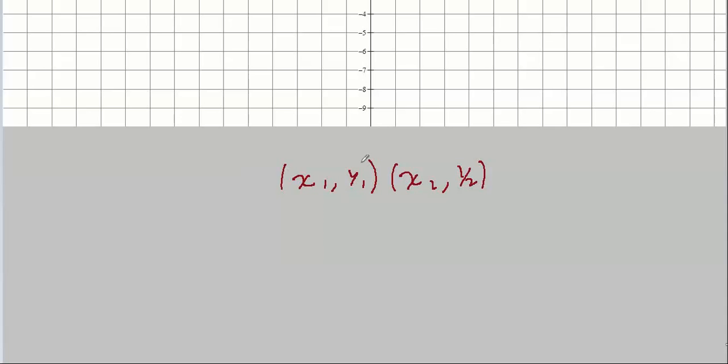We can take y1 minus y2, x1 minus x2. What we cannot do is take y2 minus y1 and then x1 minus x2. The only thing that will do is give you the wrong sign. Other than that, you'll be okay, but you'll have the wrong sign for the slope. You don't want that, do you?